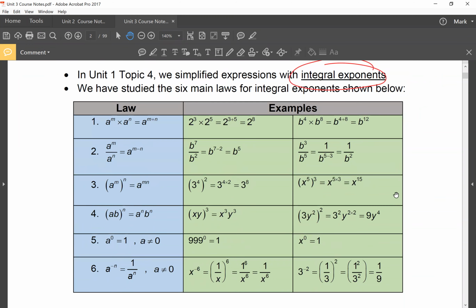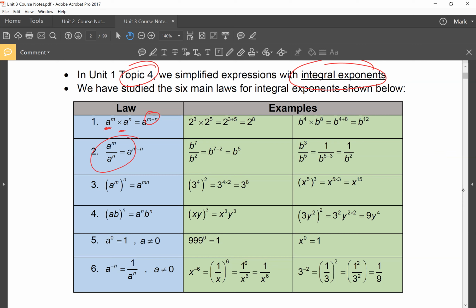Let me very quickly go over these. We did this in topic 4. The first law: if you have a to the power of m times a to the power of n, if we're multiplying two exponents with the same base, we add the exponents.